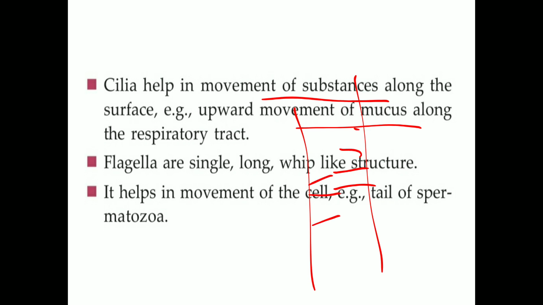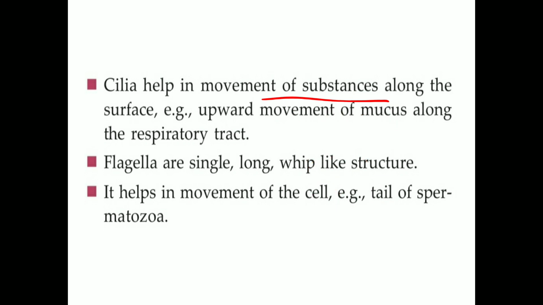The inner mucosa is of ciliated columnar epithelium, and that helps in the movement of sputum and foreign bodies through the respiratory tract to the throat, from where it can be spat out. So this is helping in the movement of substances.